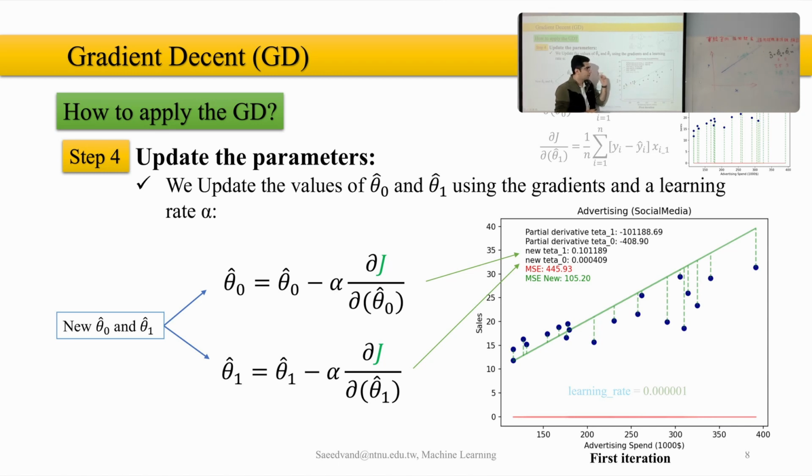So after calculating the gradients and updating by the learning rate, your model from here will move there. It means that if you replace these values with theta hat 1, theta hat 0, you will achieve something like that by calculating the graph.